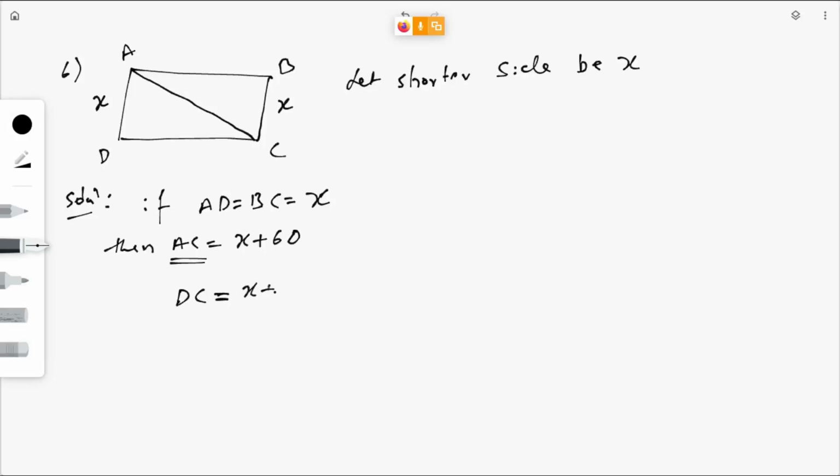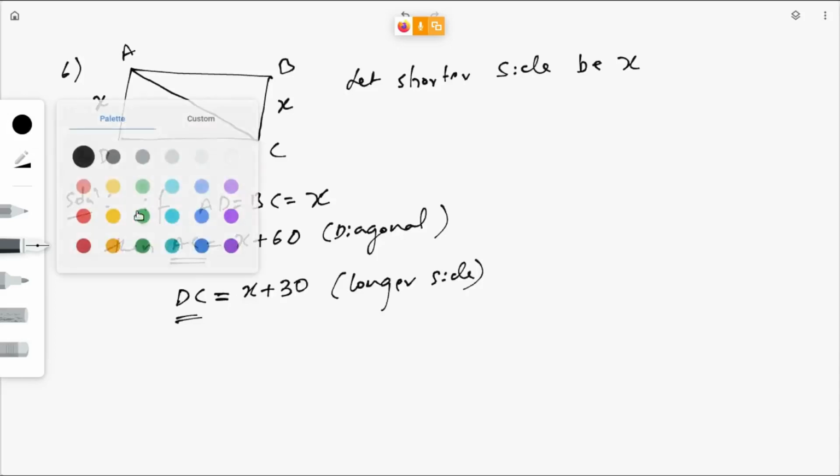What is DC? Longer side. This is your diagonal. DC will be x plus 30, right?